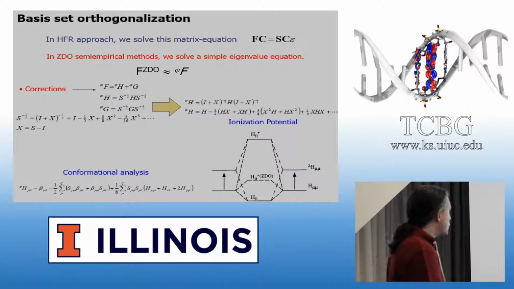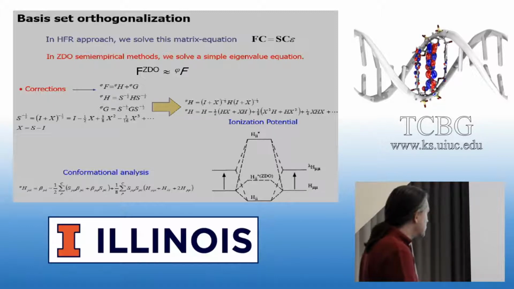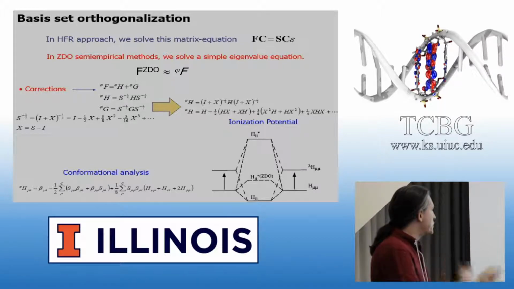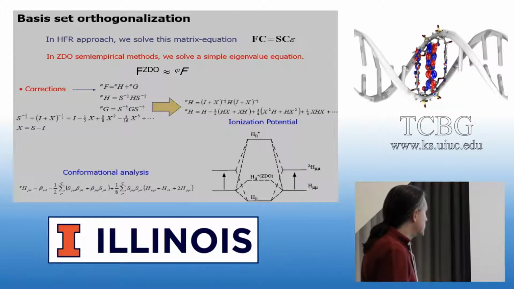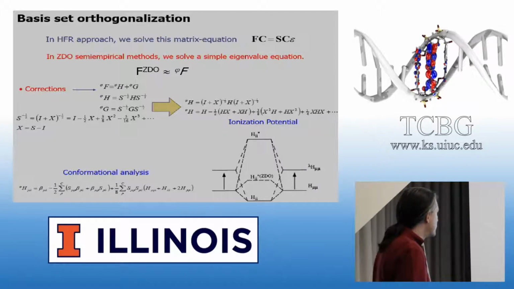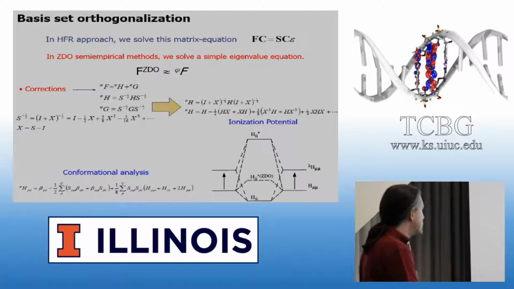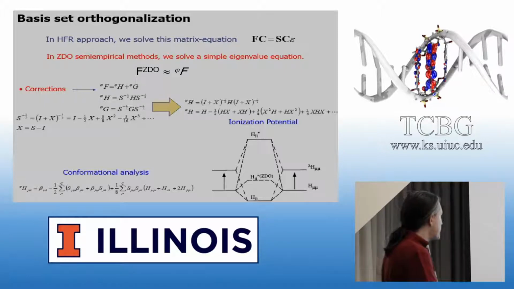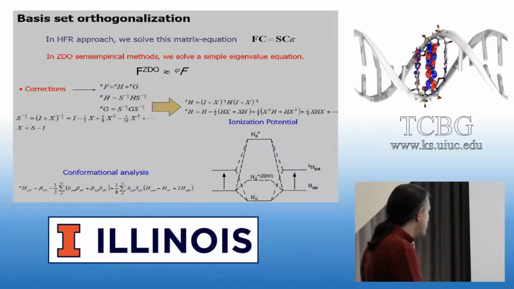A way to do some correction for this type of problem is to consider the S matrix again. You insert some terms that are based on the S matrix, mainly in the one-electron Hamiltonian, something like that.